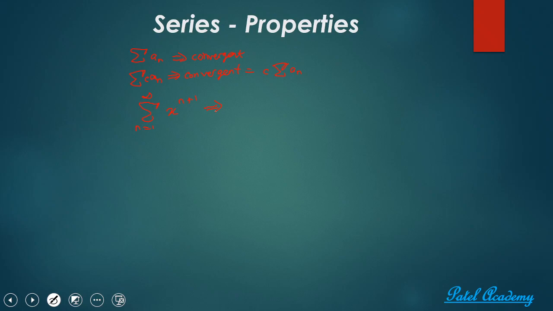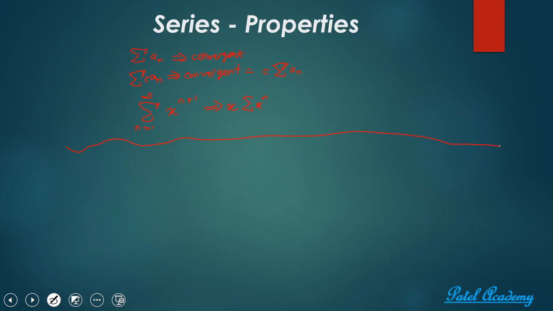But I can rewrite this as x times the series from n equals 1 to infinity of x to the nth, and this won't affect convergence because the term I brought out was independent of the variable in the series. In this case, the variable is where the index is, so n, because that's the number that's increasing. Because this x I pulled out is independent of that n, it won't affect convergence.